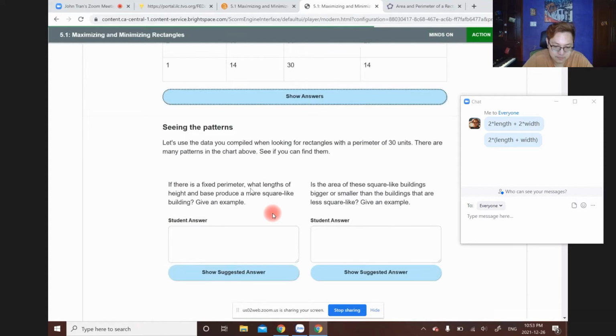Seeing the pattern. Let's use the data you compiled when looking for rectangles with a perimeter of 30 units. There are many patterns in the chart above. See if you can find them.